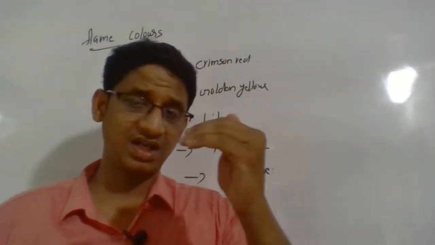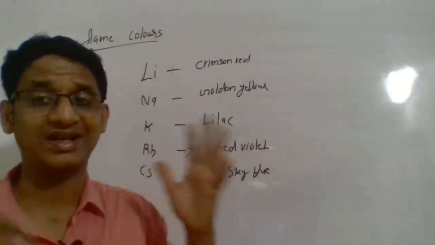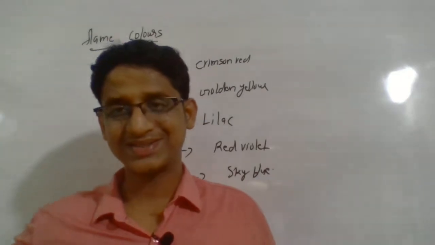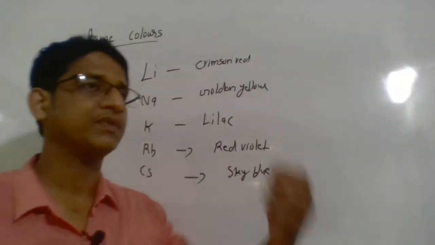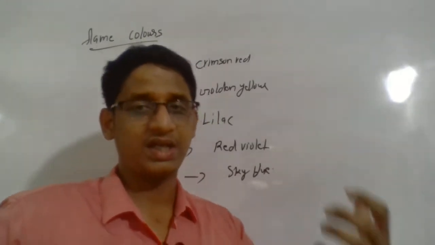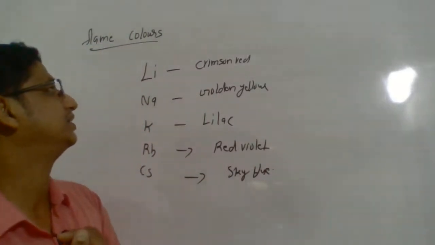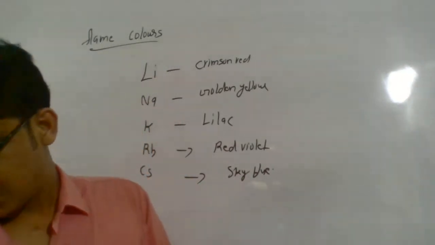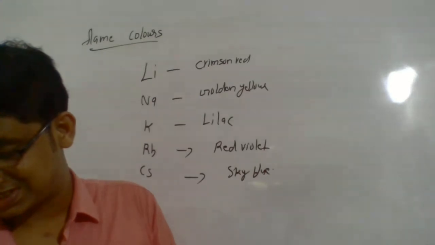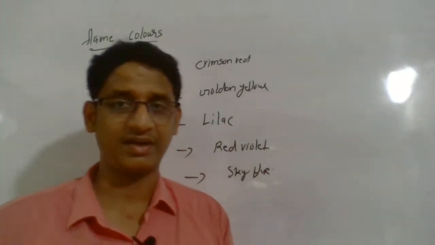If the energy released comes in the visible region, that will be colored. That is what the color chemistry is all about: excitation of electrons and de-excitation of electrons. During the de-excitation, energy will be released, and if that comes in the visible region, it will be colored. So lithium is crimson red, sodium golden yellow, potassium lilac, rubidium red violet, and cesium sky blue. All the alkali metals have a characteristic color.